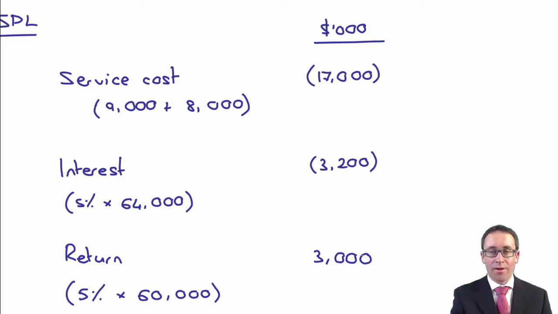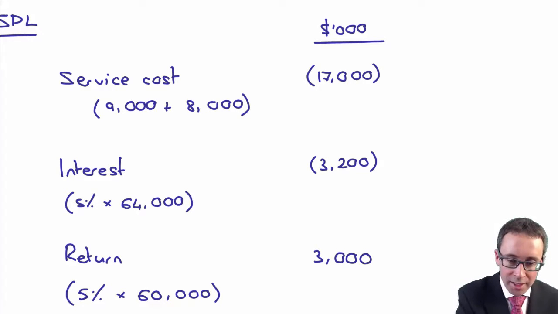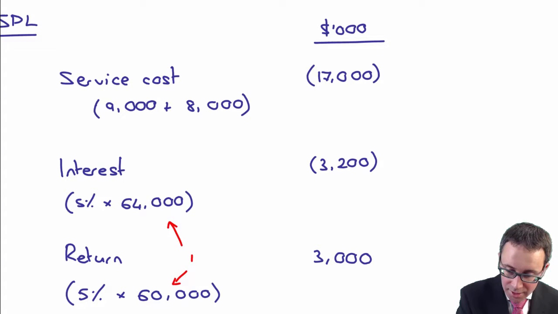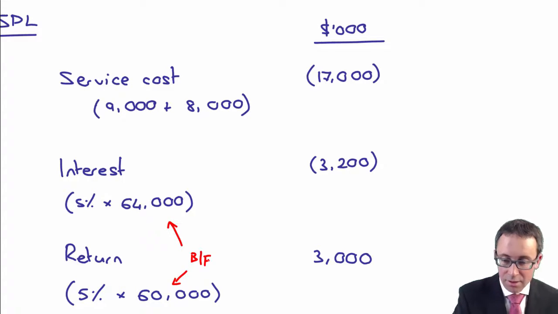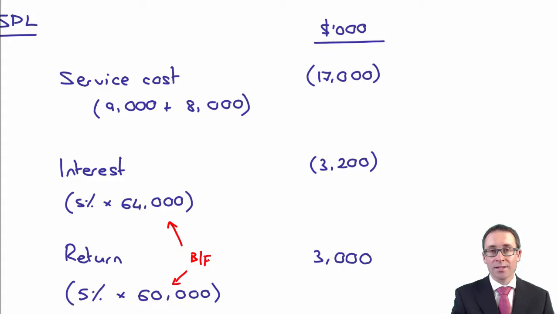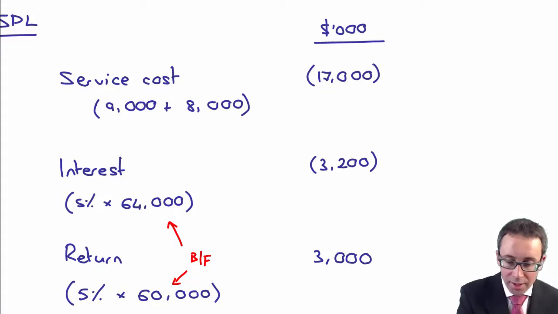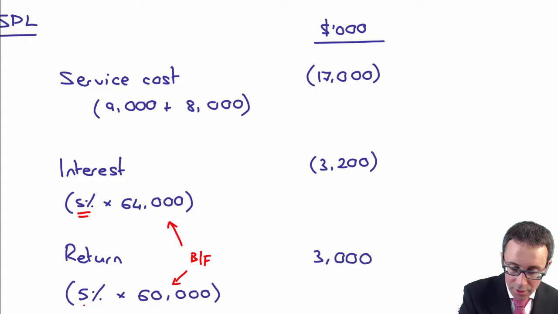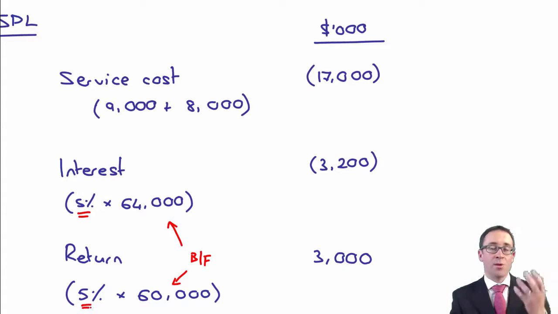I don't think there's anything too distressing about that. The key bit is that on the assets and the liabilities, you take the opening assets and liabilities, so they're brought forward, and you use the opening interest rate. Here we only had one, but you always use the opening interest rate, nothing provided at any other point in the year. Happy with that? Excellent.